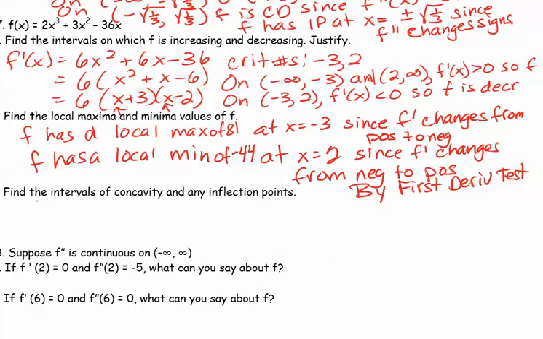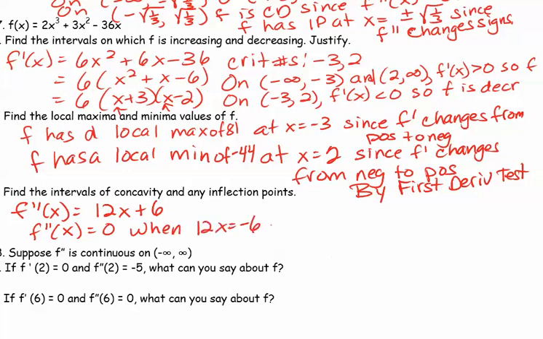All right, concavity. Got to go to the second derivative. So we'll have 12x plus 6, and we can see that f double prime will be equal to 0 when 12x is equal to -6 or x is equal to -1/2. And does it change signs? Well, let me double check my factoring there.